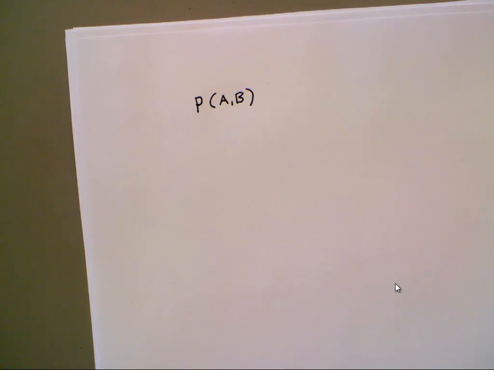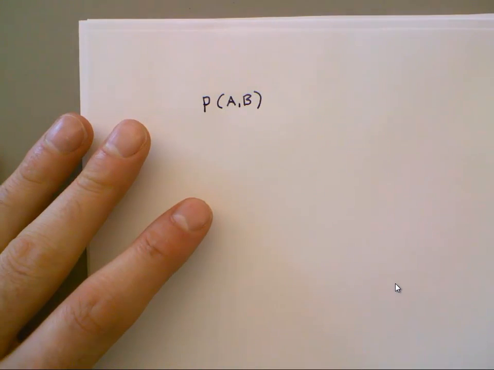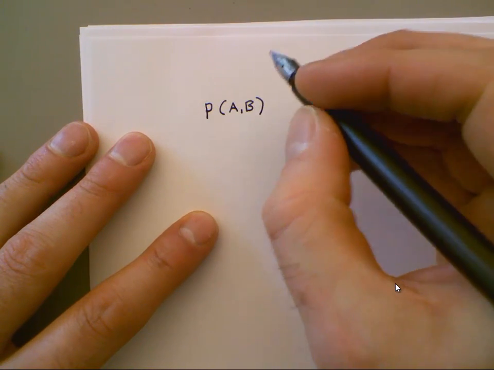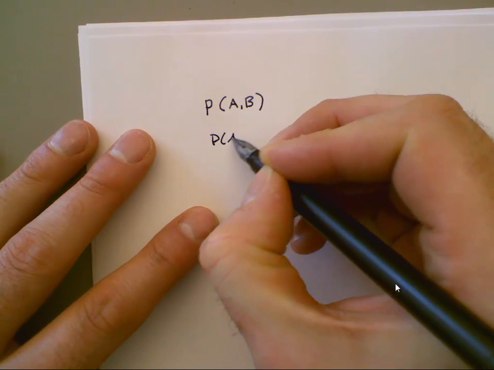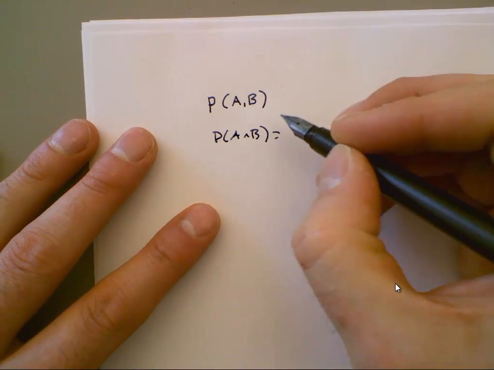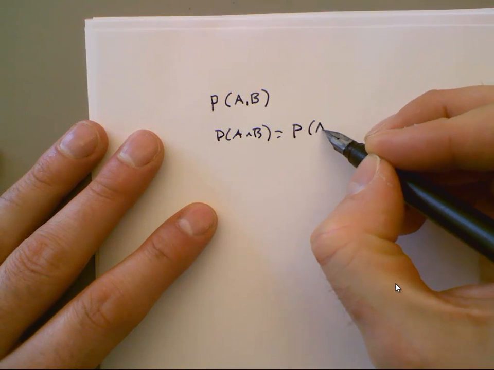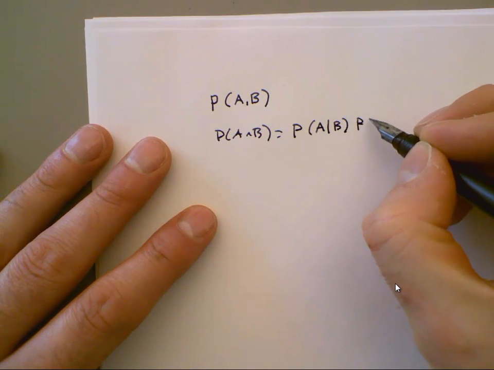Let's just interpret this for the moment as the probability of A and B both being true. So we have the probability of A and B. That's going to be the probability that A is true given that B is true times the probability that B is true.